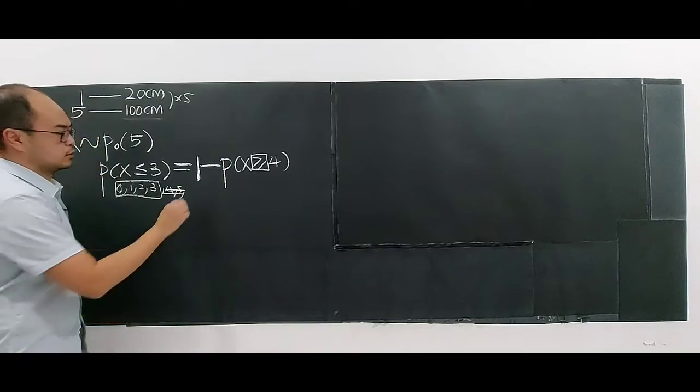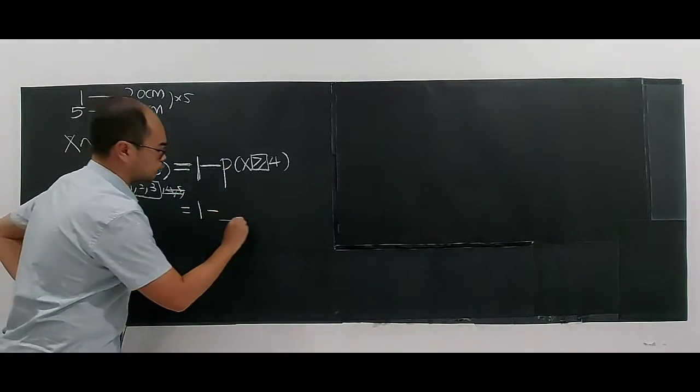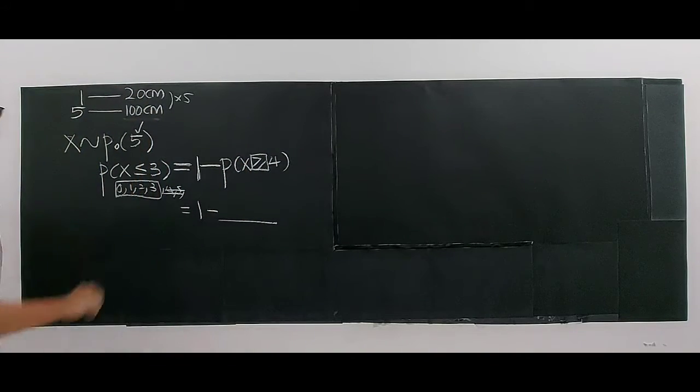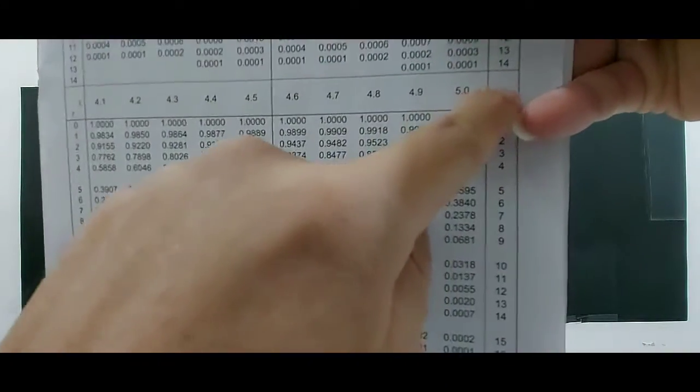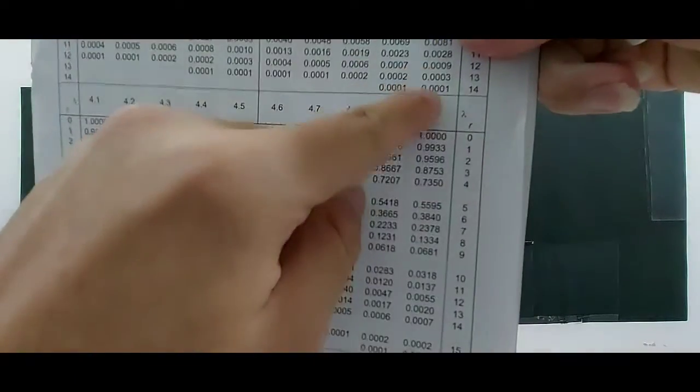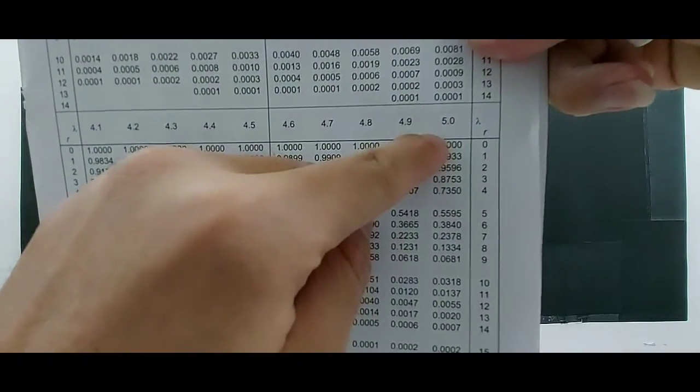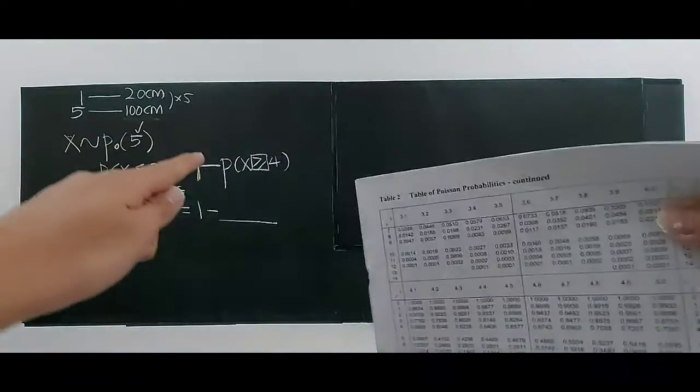Now through the statistical table, I have to find this value. The mean is 5, so go to the statistical table and find lambda is 5. The value is 4, at least 4.